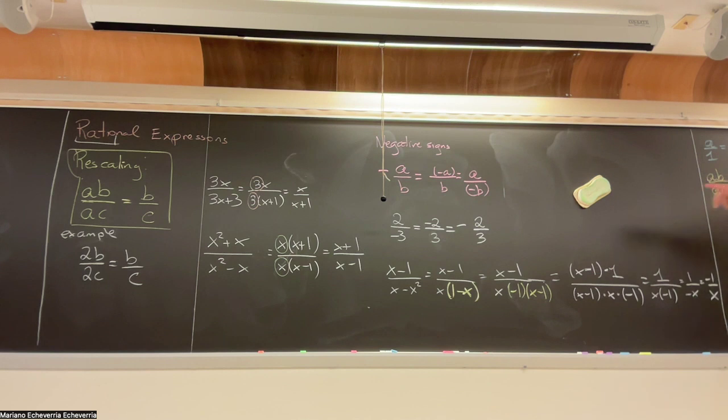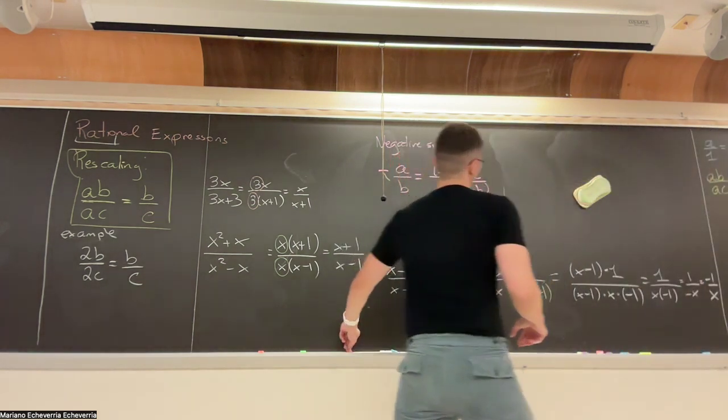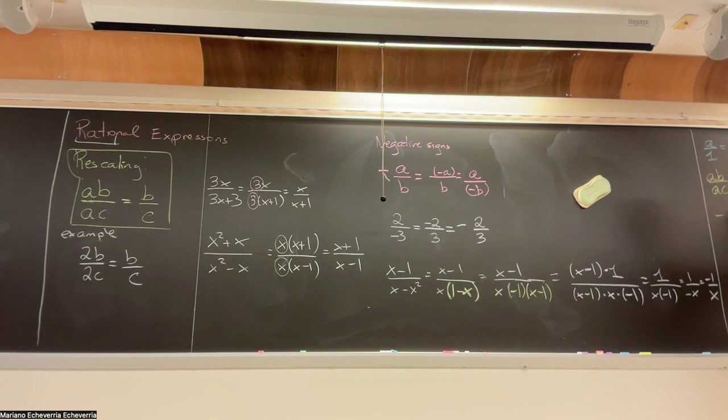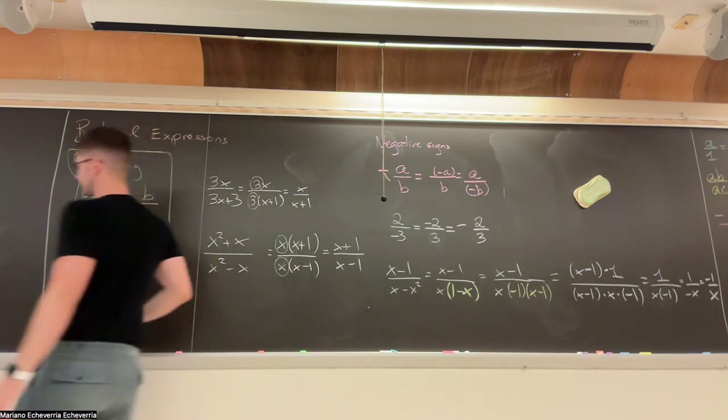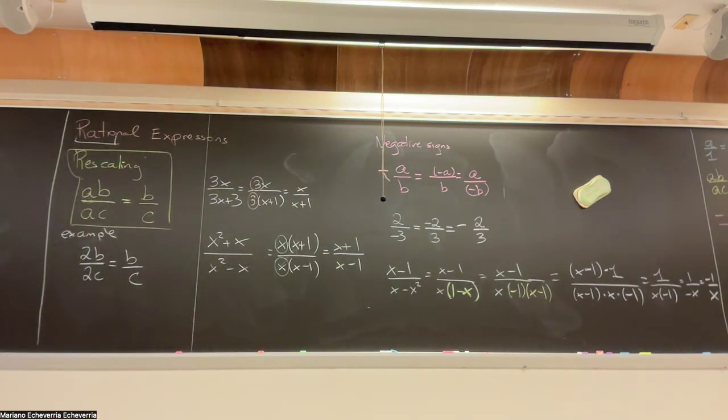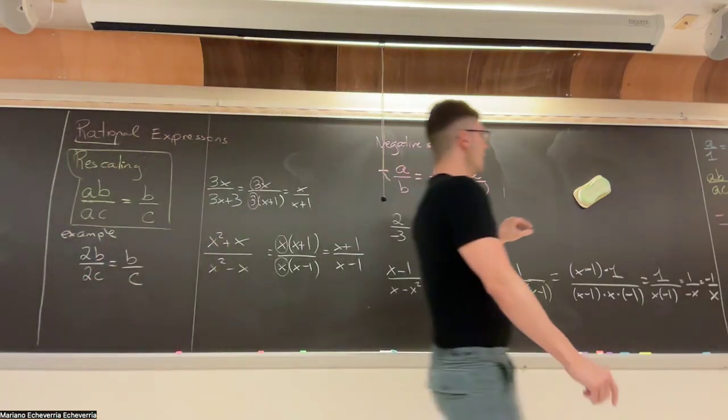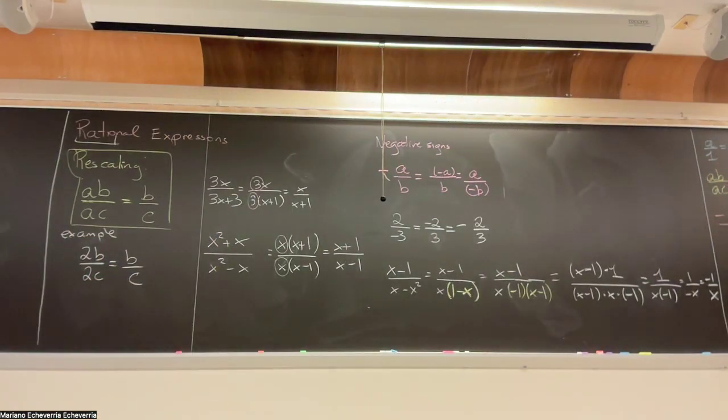But let me put this other extra property here. Again, today we're mostly just going to do this simplification of fractions or rational expressions. And then the last one that is important to have is a formula for how adding fractions behave.